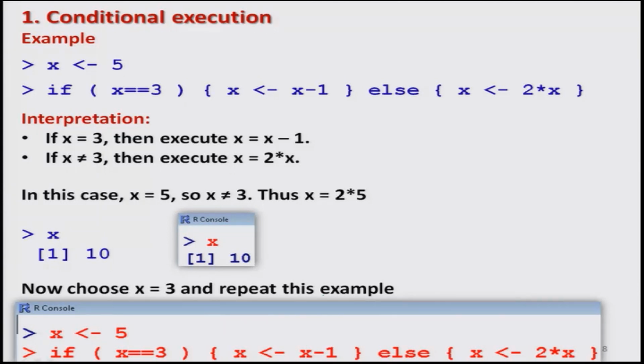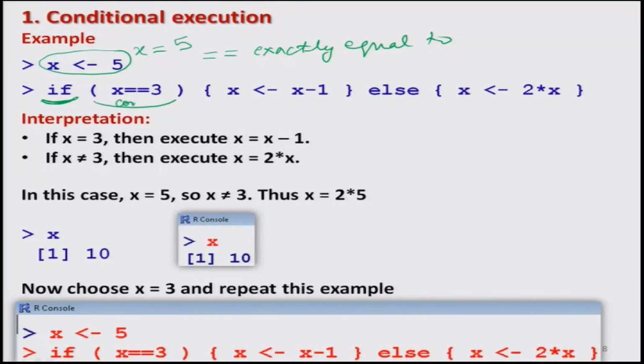The first example: I assign the variable x a value, x equal to 5. Now I am taking a very simple example where there are only two conditions, and you can recall that this double equality sign is the sign for exactly equal to. First I write if, then inside this bracket I write the condition.